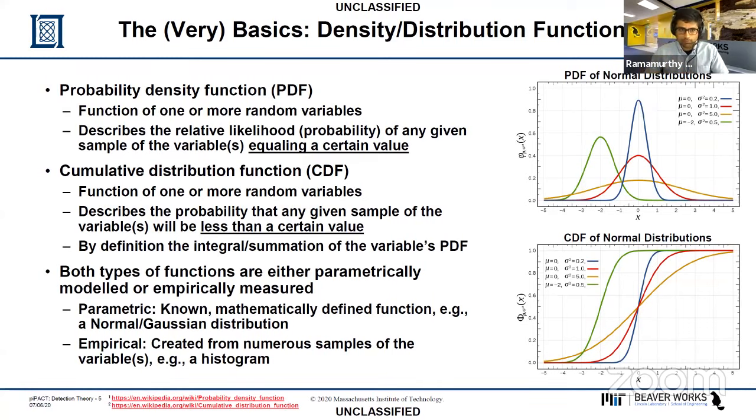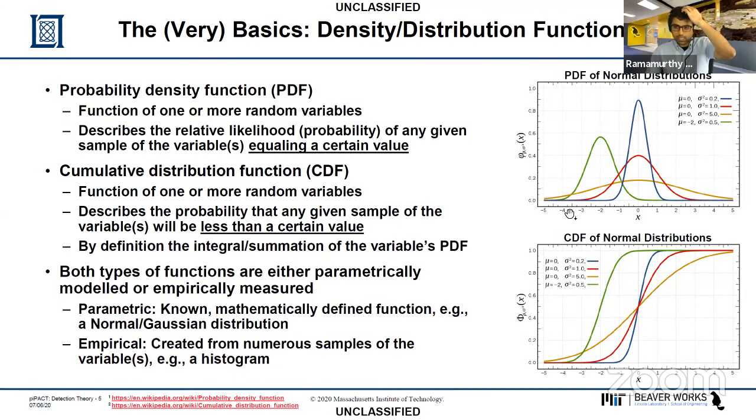The PDF describes the relative likelihood or probability that when we observe the variable at any given time, that variable has a value equal to a certain value. Over here on the right in the top row, these are normal, or Gaussian, distributions with different parameters.